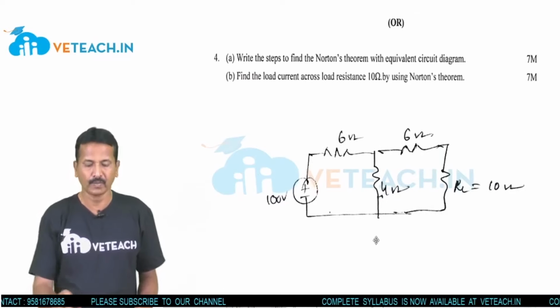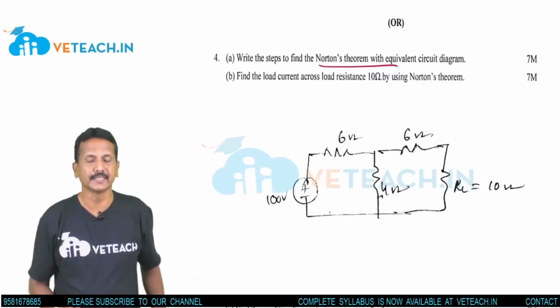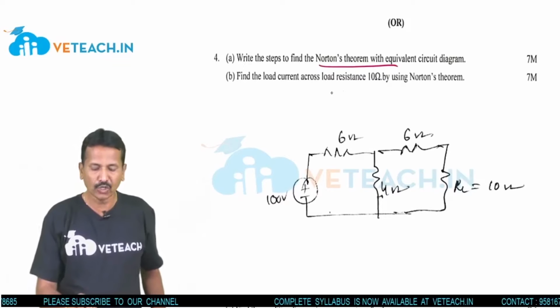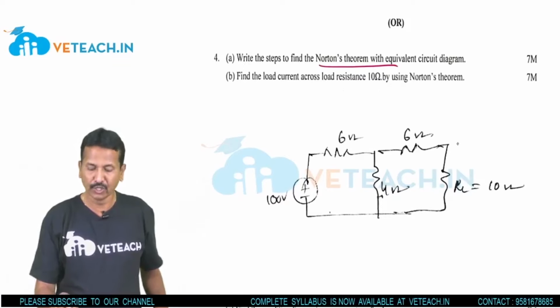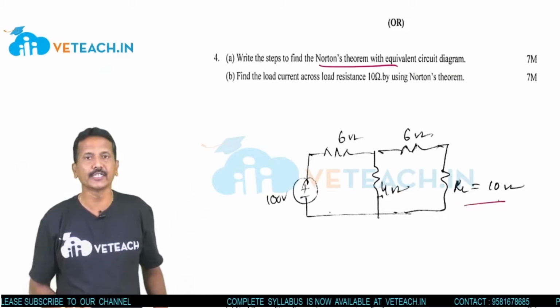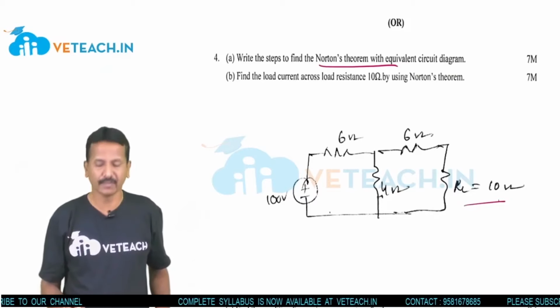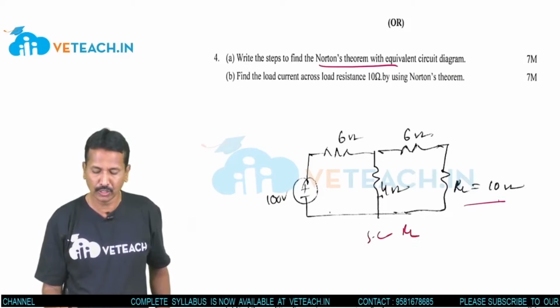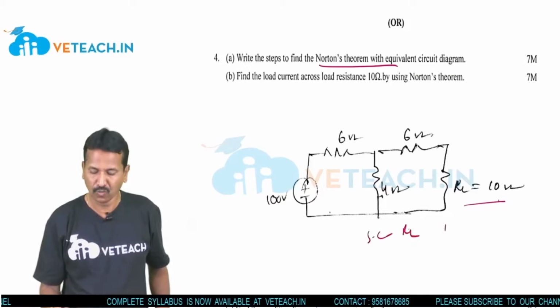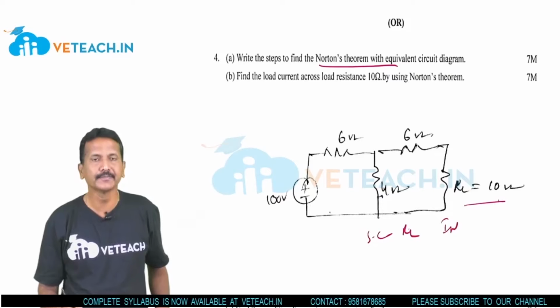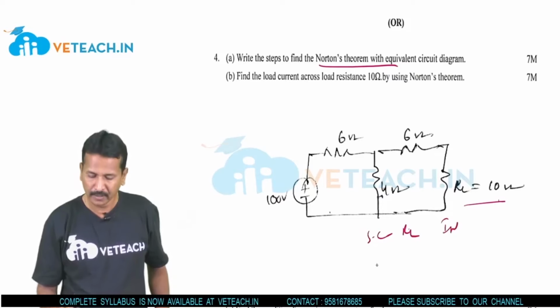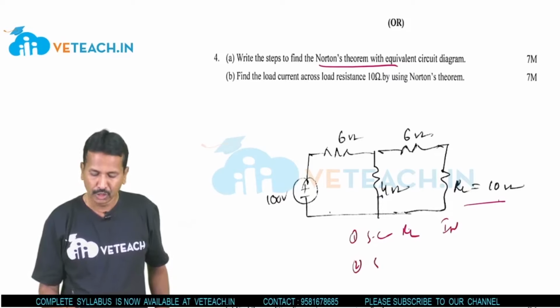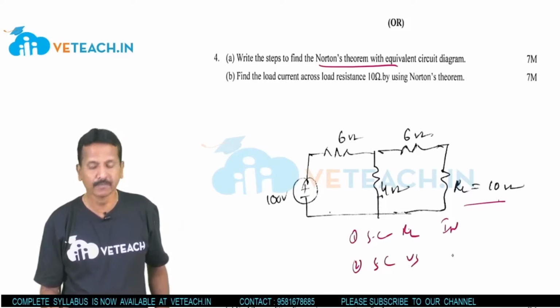Norton's theorem. Find the load current across the load resistance 10 ohms by using Norton's theorem. Right? Same thing. Short the load resistance. Find the Norton current IN. First thing, short the voltage source.